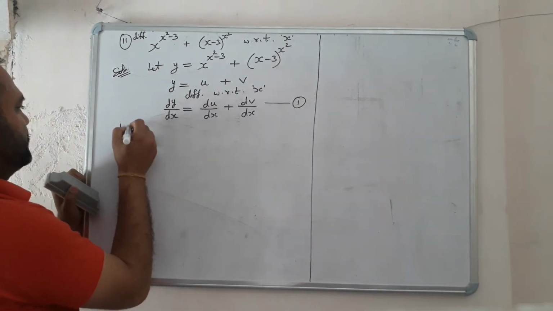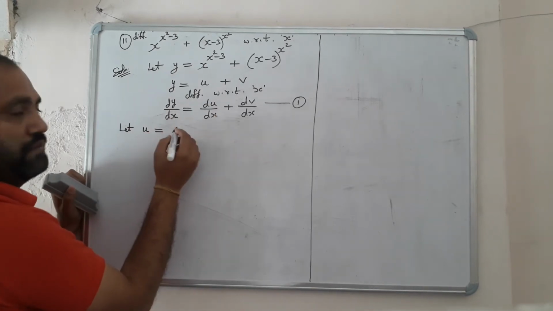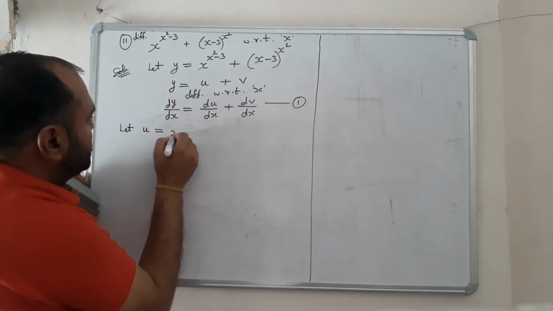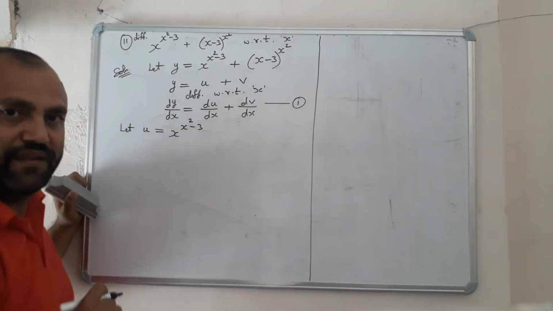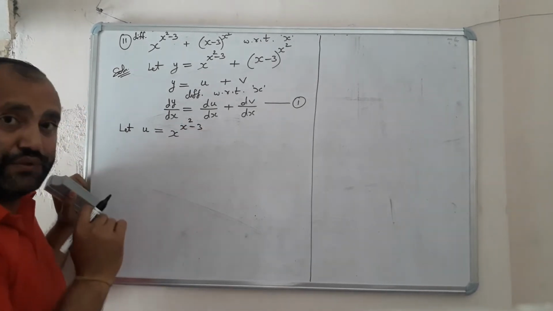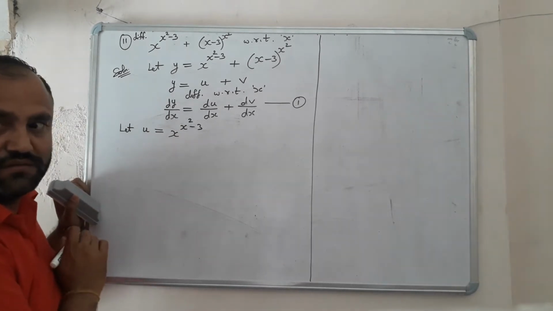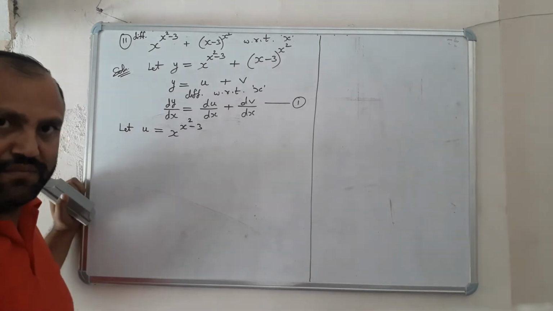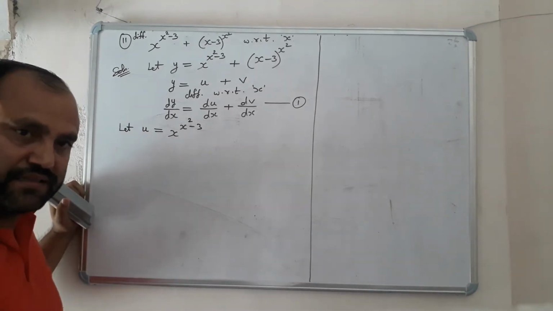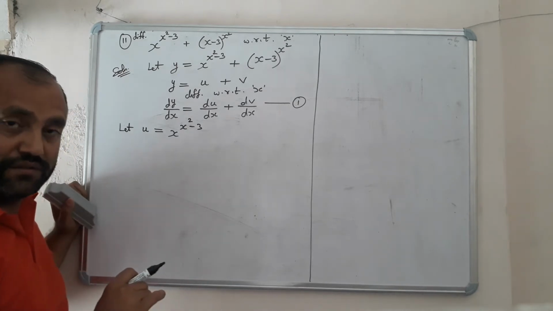Let us solve u. Let u is equal to x raised to the power x square minus 3, right. So as you know, this is variable, this power is also variable. So this function is variable power variable. So it is necessary to take log on both sides, right.